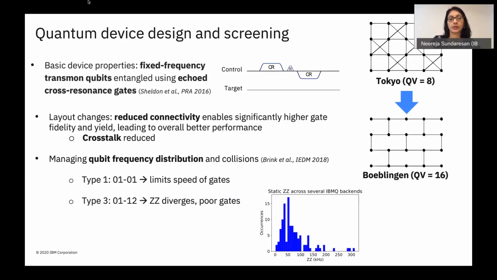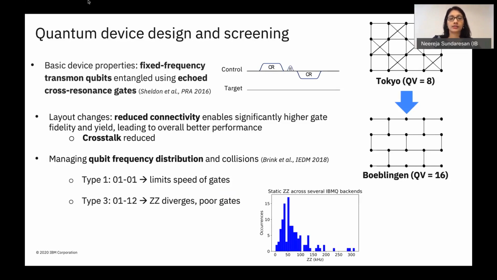This change came about due to the challenges that we were facing in managing qubit frequency distribution across large devices, and the impact that qubit spectators have on gate fidelity. The much simpler layout enabled significantly higher single and 2-qubit gate fidelities, as well as helped us increase the yield of the number of devices that successfully passed our screening process.